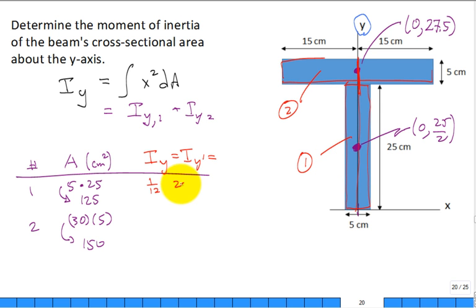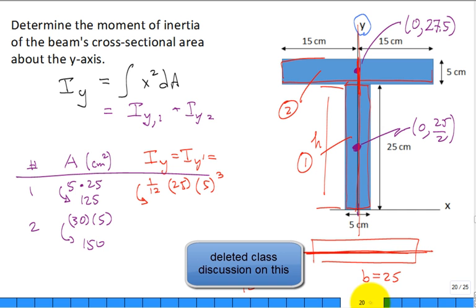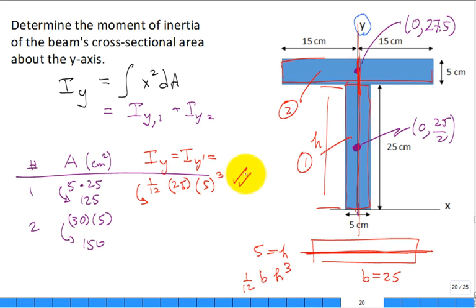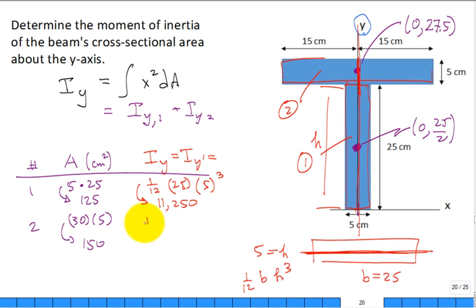Is it 25 for the base? And then the height 5 cubed? Don't disengage. Keep up with me. Is that right or wrong? Is this correct or incorrect? Looks okay? That gives us a number of 11,250.